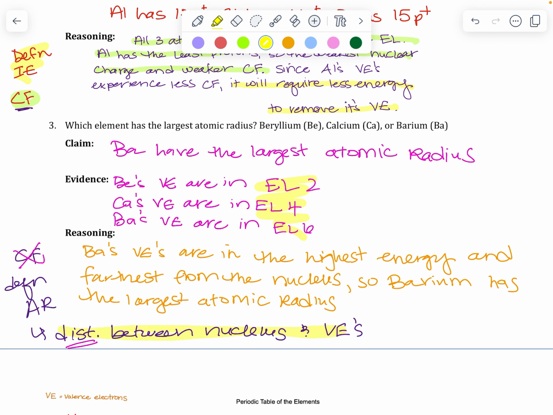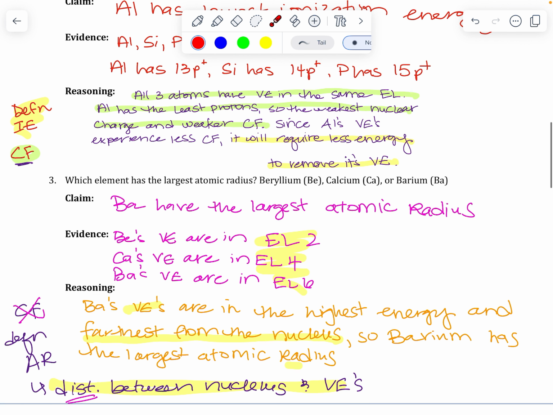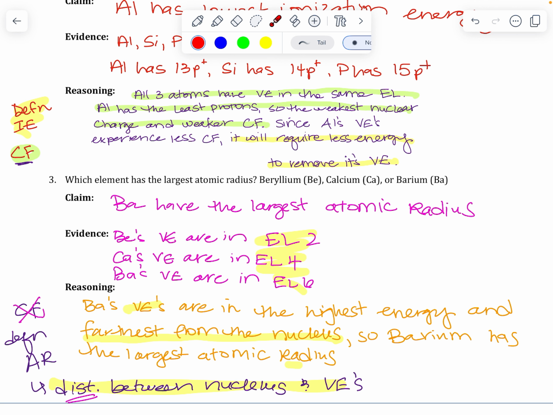But I am discussing what does it mean to have a large atomic radius. I can't just say they're in the highest energy level. I need to say that the valence electrons are farther from the nucleus, because that is our definition of atomic radius. All right, reach out with any questions, and good luck.